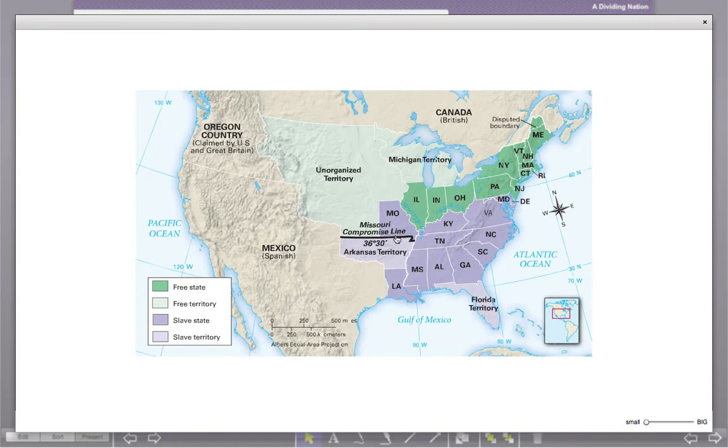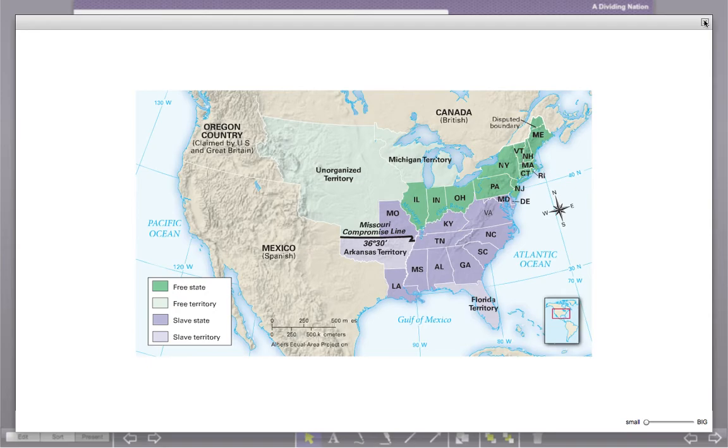And it looks like this line means something. Okay, Missouri Compromise line. So maybe we have free territory up here, we have slave territory down here. Maybe that tells us something. Maybe these will become slave states or free states in the future. I don't know. It almost looks like an extension of what it says in the Northwest Ordinance.